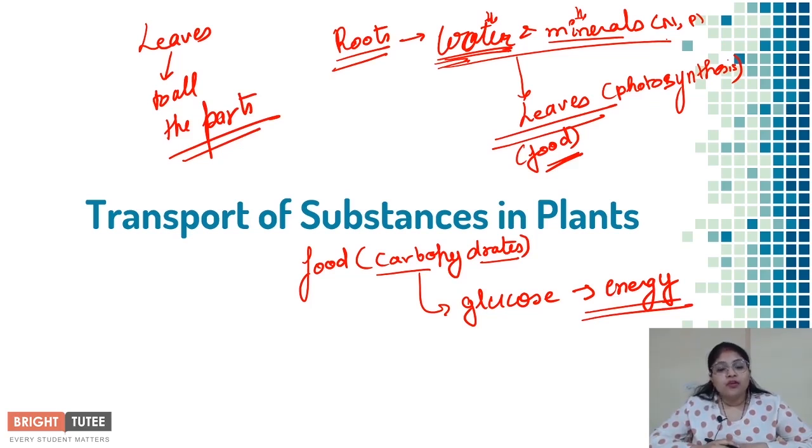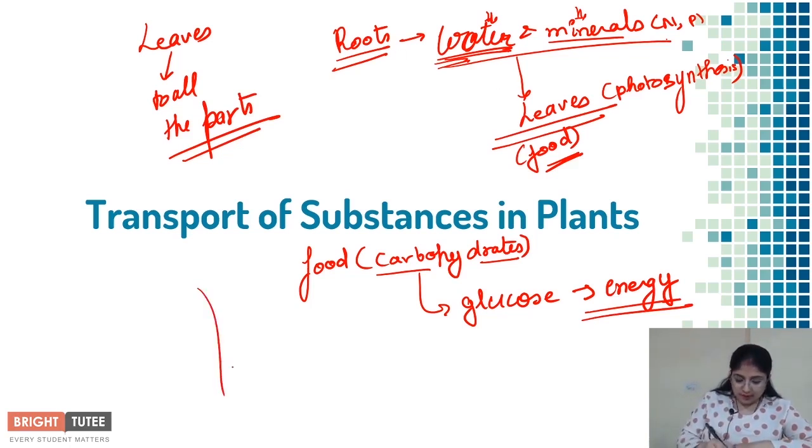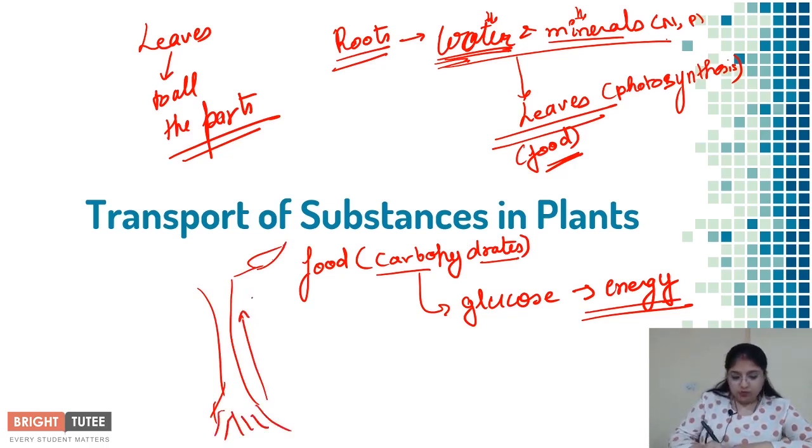So, the transportation we are talking about takes place in two directions. Suppose this is the plant that we are talking about, and this is the leaf where the food is being made. One transportation is from the roots to the leaf, and the other transportation is from the leaf to the roots and different parts of the plant.